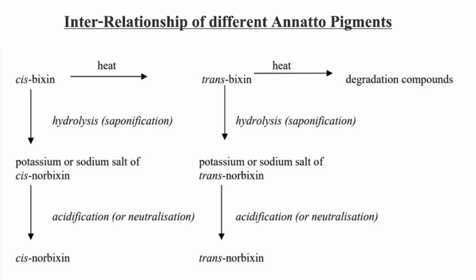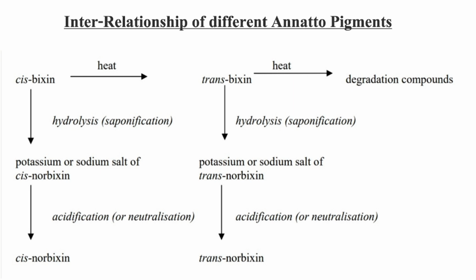Now, the hydrolysis or saponification of cis-bixin or trans-bixin results in potassium or sodium salts. Cis-bixin results in potassium or sodium salts of cis-norbixin, whereas trans-bixin results in potassium or sodium salts of trans-norbixin. Hydrolysis means breaking down in the presence of water.